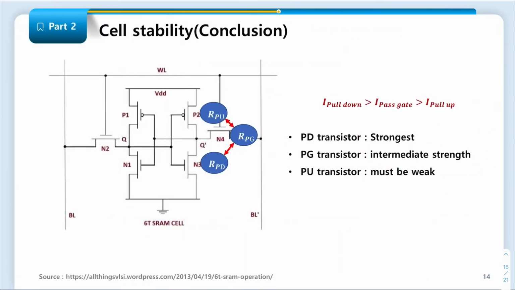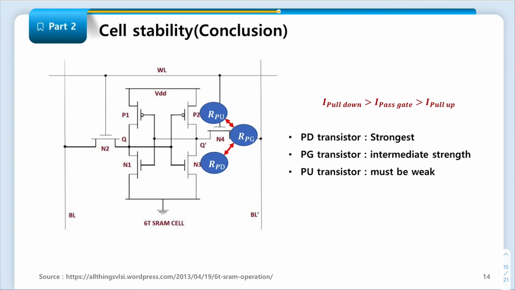And then let's make a conclusion about part 2. Considering beta and gamma ratio, the resistance of the pull-down transistor must be smaller than the cascade transistor so that we can get a higher beta ratio.